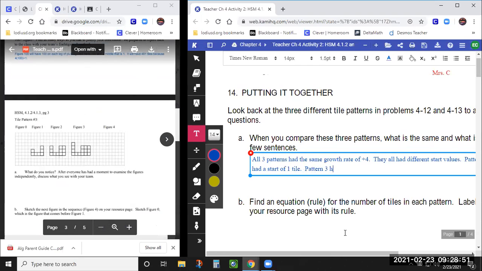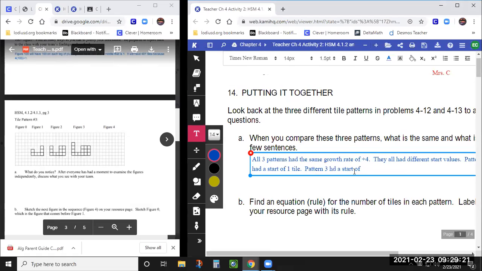Pattern 3 had a start of, what was pattern 3 start? Because you did it yesterday. What was pattern 3 start?